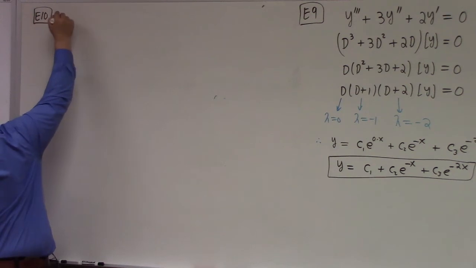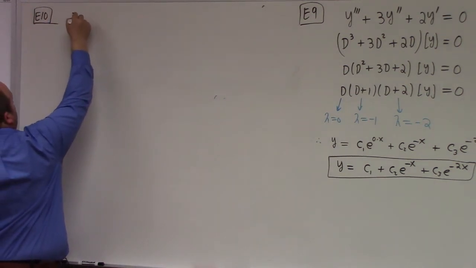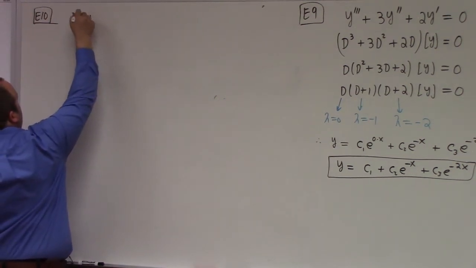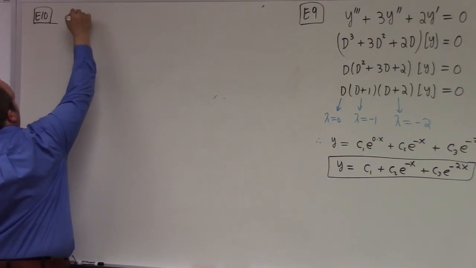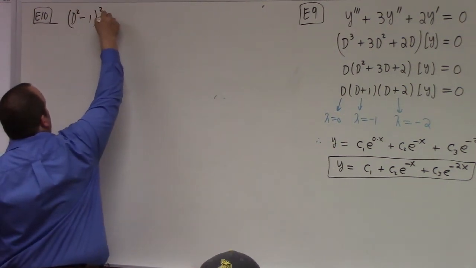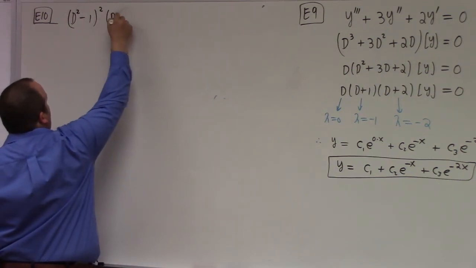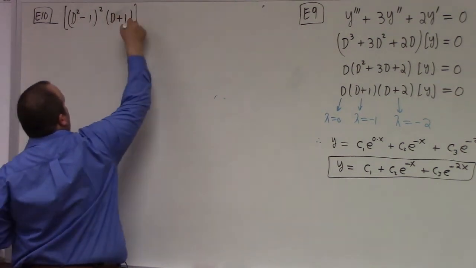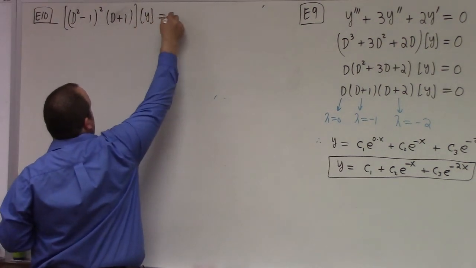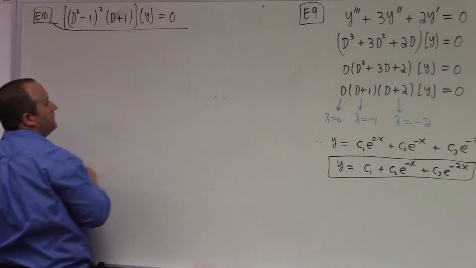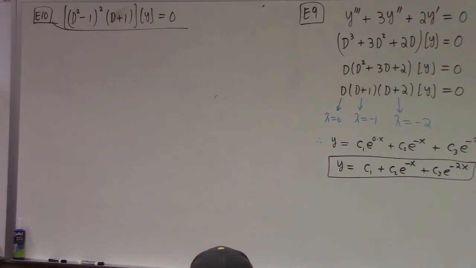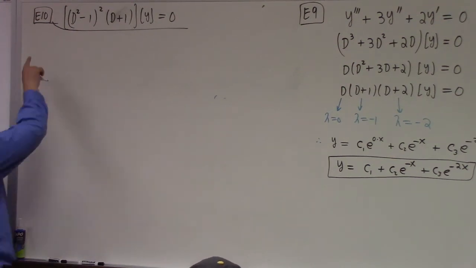Let's solve (D squared minus 1) squared times (D plus 1) acting on y equals 0. All right, so let's see here.